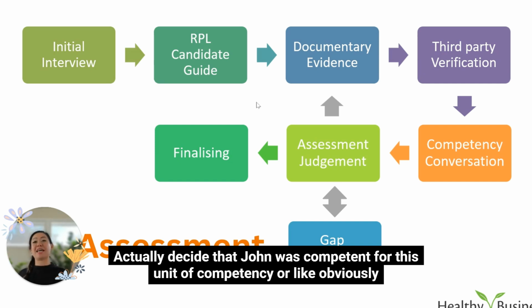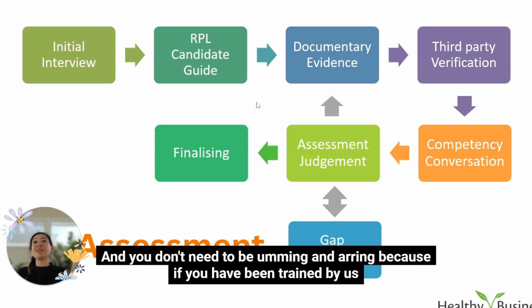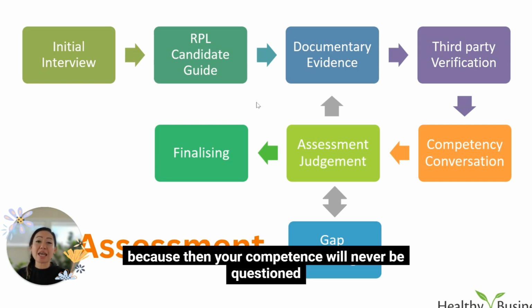Or how did you grant RPL for this particular candidate, John? And you don't need to be umming and ahhing, because if you have been trained by us, you know that documentary evidence is super important, and we need to file everything away, because then your competence will never be questioned.